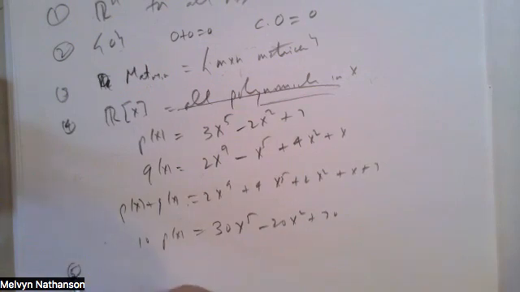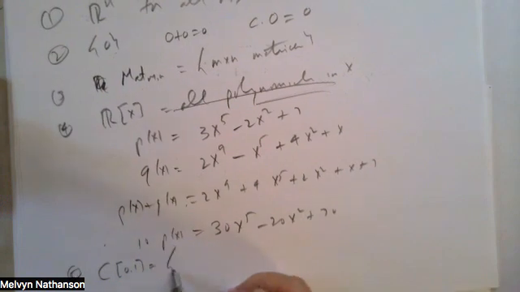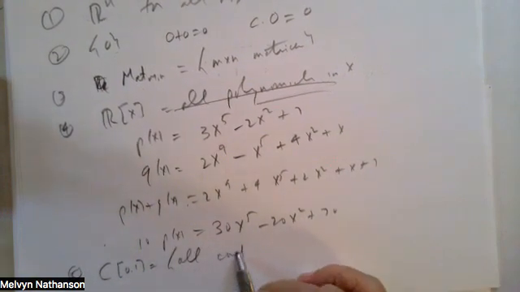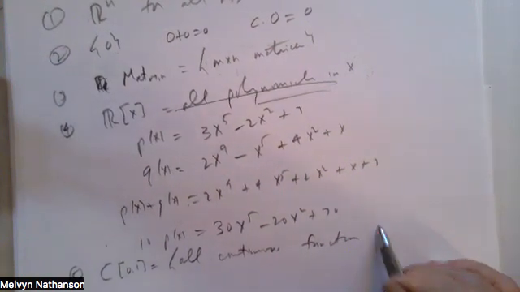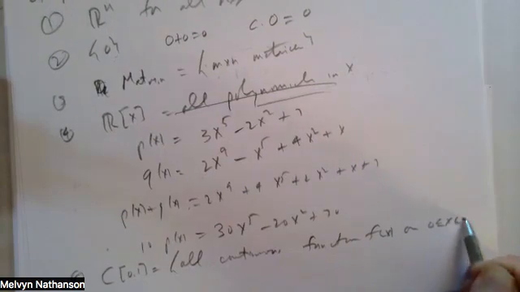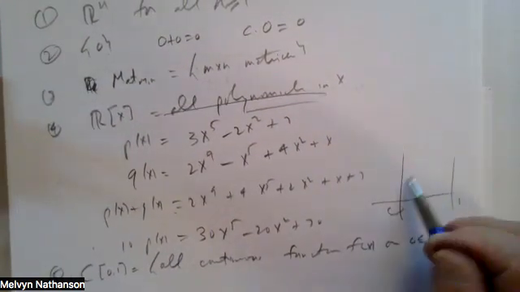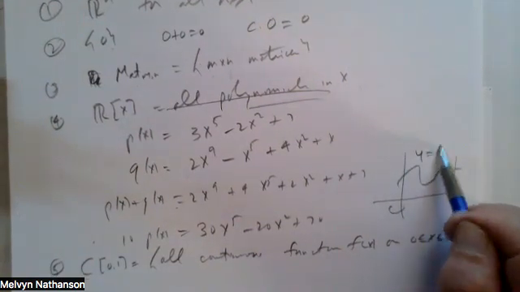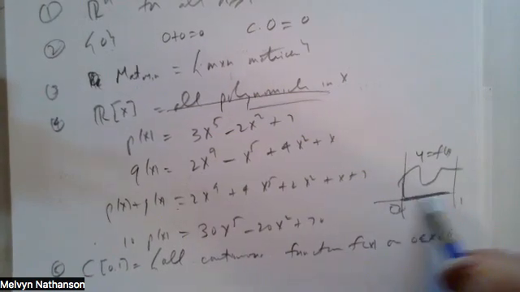What's an example from calculus? Let's say C01. This is all continuous functions f of x on the interval between 0 and 1. Take any function y equals f of x, continuous between 0 and 1.